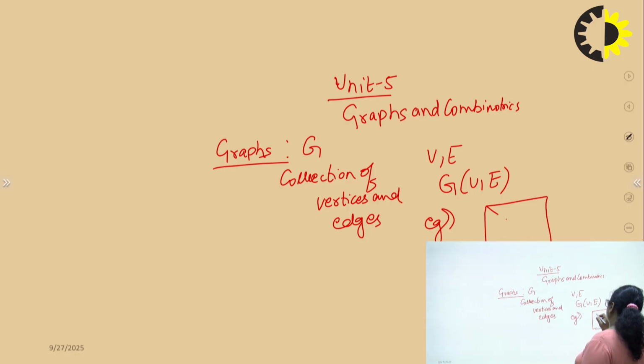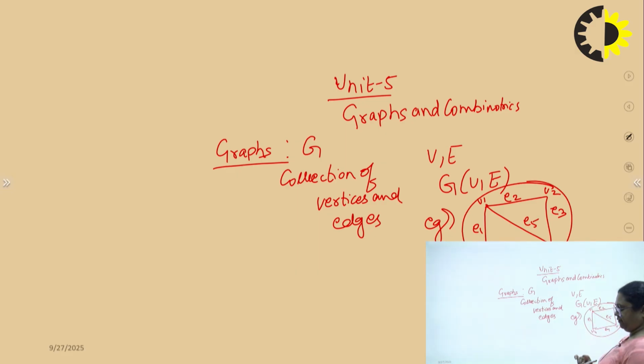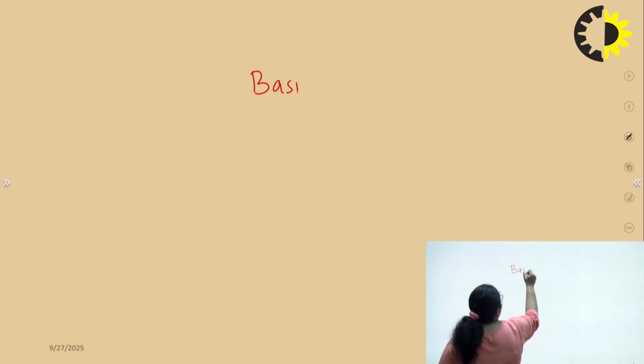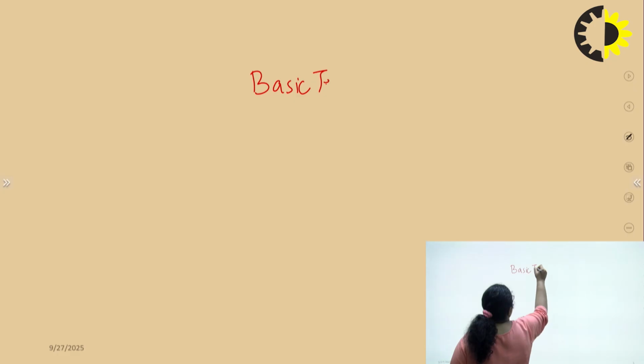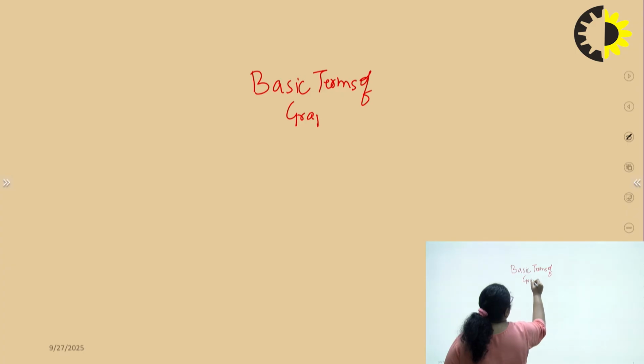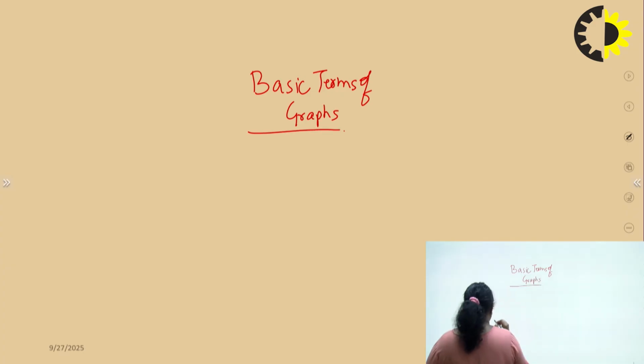This is a graph. Here there are vertices, vertex, vertex, vertex and vertex. These are edges. So we can say this is a graph. Next we will study some basic terms for graphs.